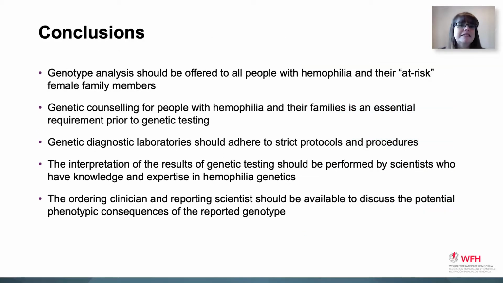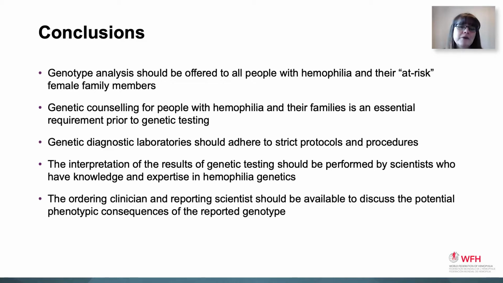In summary, genotype analysis should be offered to all people with haemophilia and their at-risk female family members, as indicated on the previous slides. Genetic counselling for people with haemophilia and their families is an essential requirement prior to genetic testing to give them all the information that they require and to provide informed consent for the process.